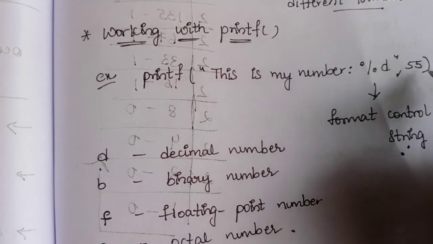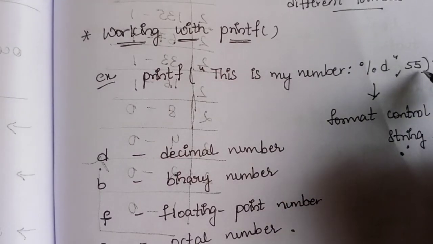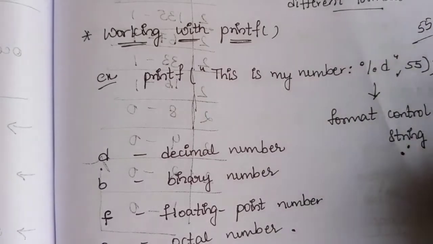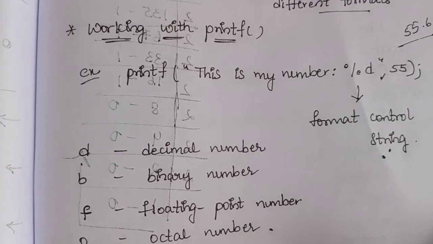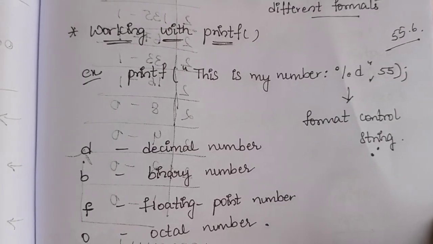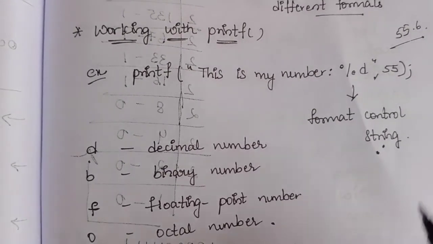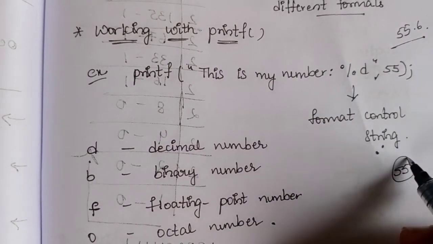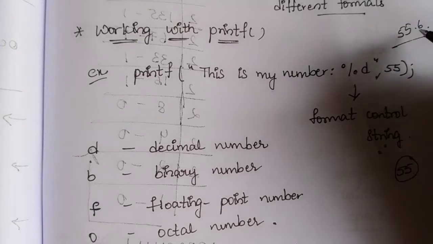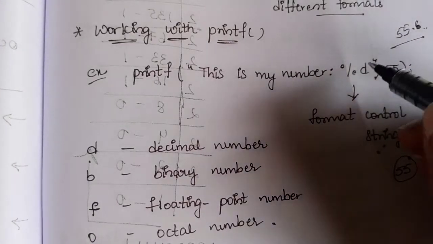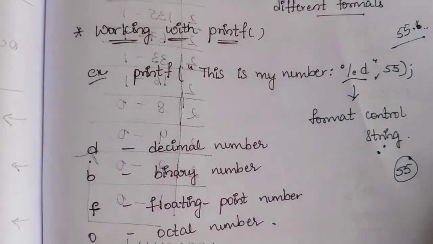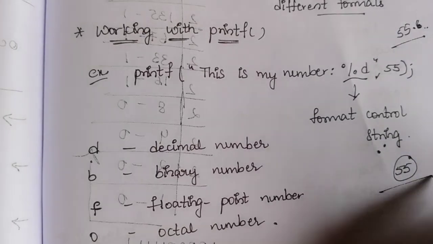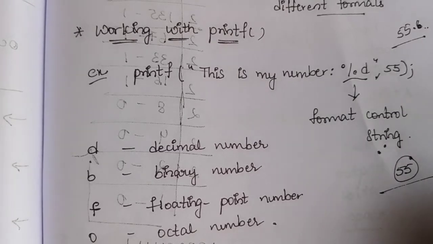But if we are giving a floating point number like 55.6, and we are giving %d, then it will print only 55 in the output. It will eliminate the 0.6 since we are going to print only the decimal type of data, not floating point data. So the output will be only 55.